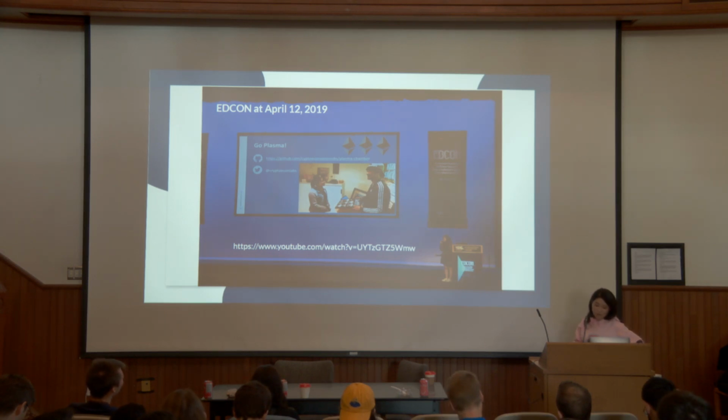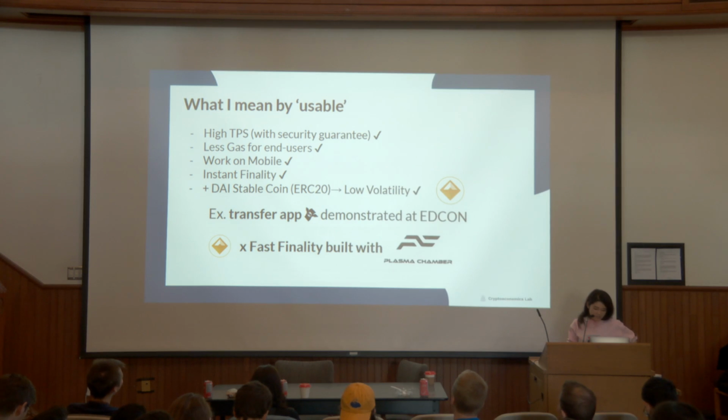And what you can do with Plasma is so much. The TPS will improve, although Ben was just saying TPS is such a vague concept, and I totally understand that. It also allows users to use dApps with less gas cost, since the operator can pay for them.